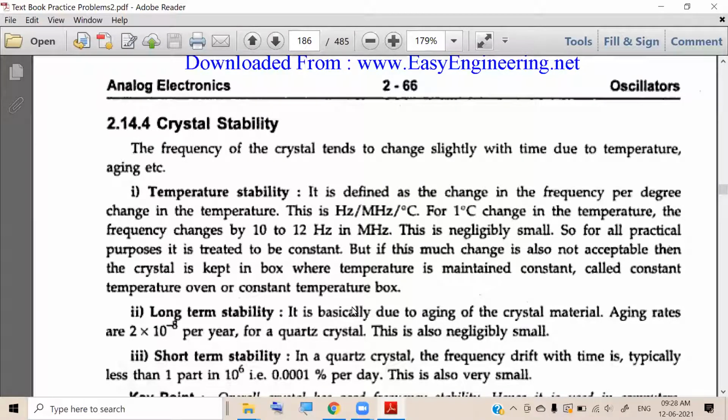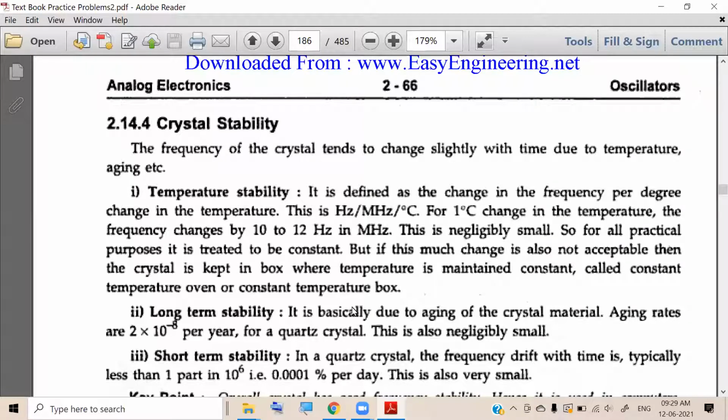Suppose we are expecting that our oscillator should oscillate at 100 kilohertz. If the frequency is not stable, it will deviate to 101 kilohertz or 99 kilohertz. It may reduce or increase.